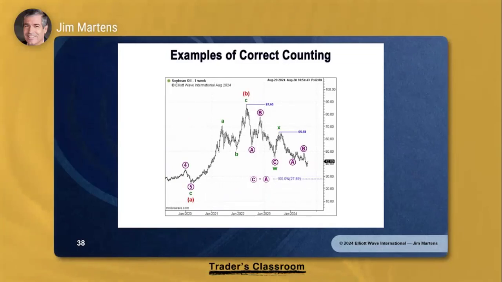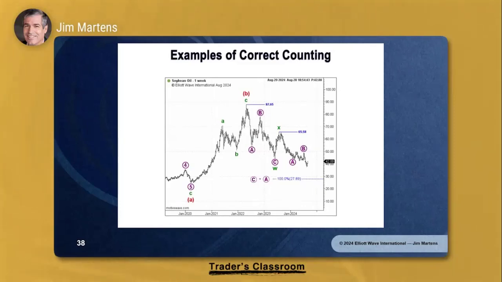The market's progressing along those expectations. Wave C of the second zigzag will travel the same distance as wave A at 27.89. So we have a downside target. The structure favors the triangle instead of the flat. So that has become, in my long-term work, the preferred count.